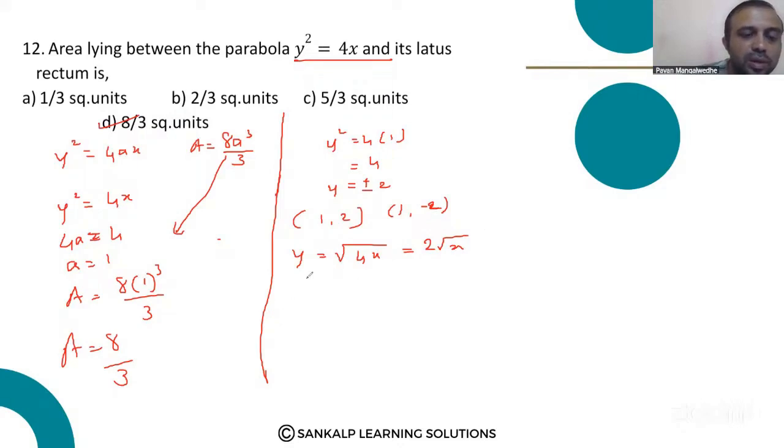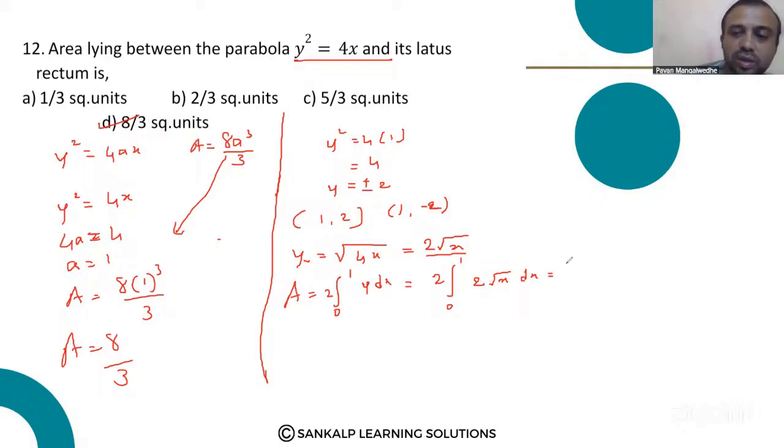When it is doubled, A is equal to 2 times the integral from 0 to 1 of y dx, which is 2 into the integration of 0 to 1, where the y value is 2 root x, so 2 root x dx, which is 2 into 2.